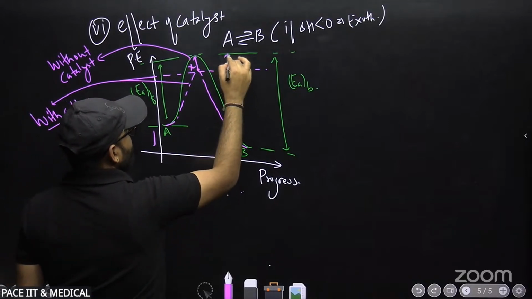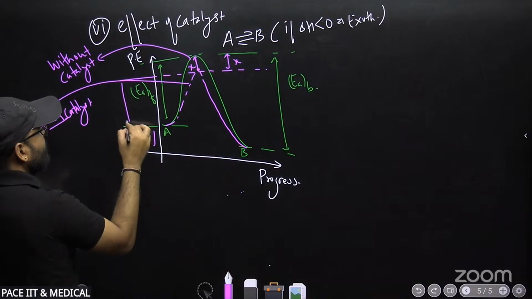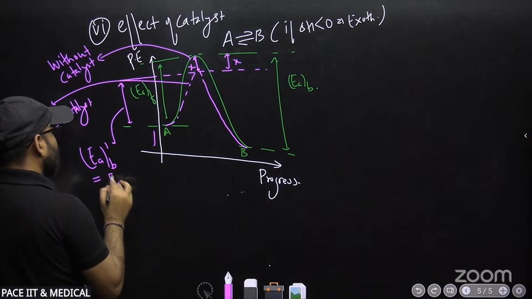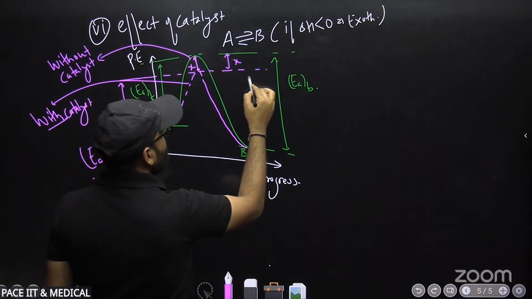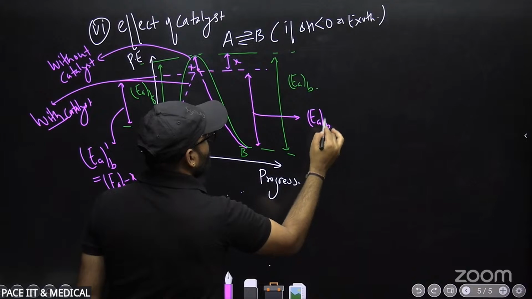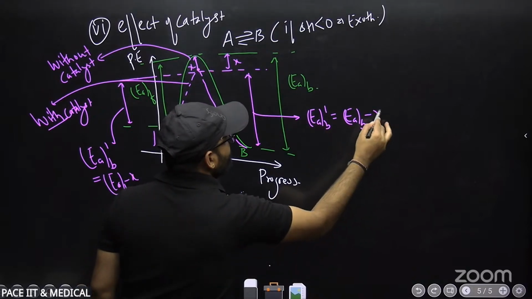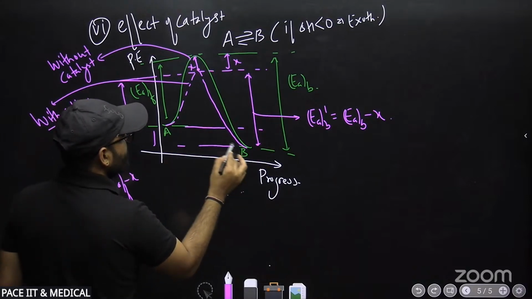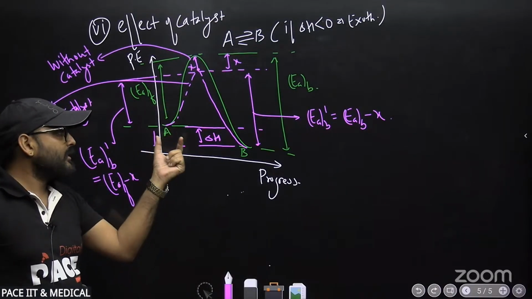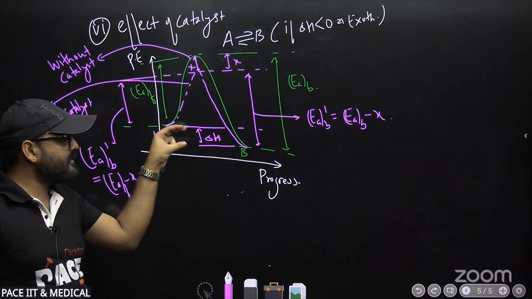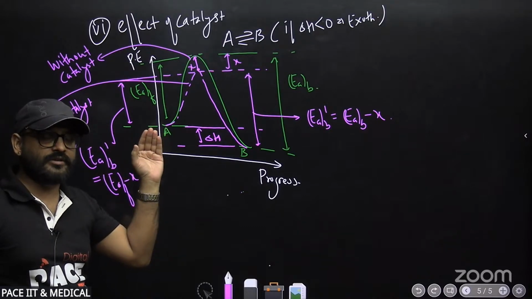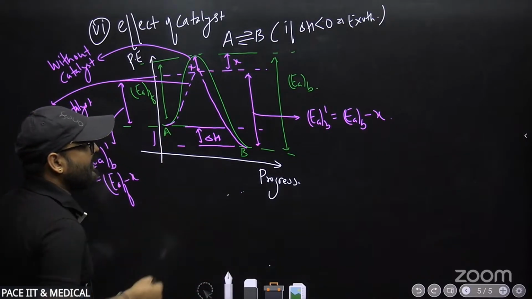This is EA forward dash, which equals EA forward minus X, and here this amount is EA backward dash, which equals EA backward minus X. And this difference is equal to delta H. You can see due to catalyst, there is no change in delta H. It is still the same with or without catalyst. There is no change.